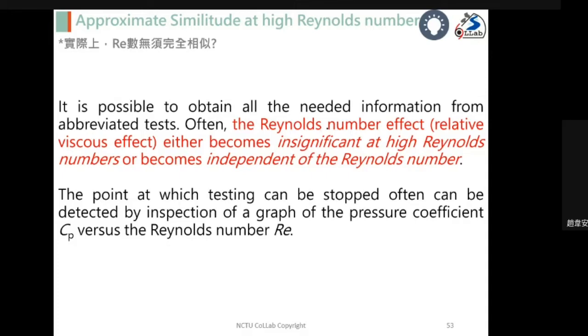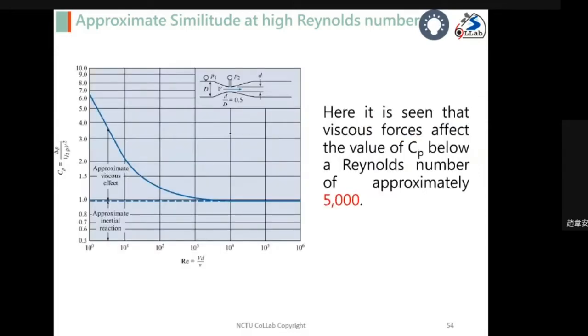Often the Reynolds number effect either becomes insignificant at high Reynolds numbers or becomes independent of the Reynolds number. I put a figure here to explain why we don't need to satisfy the Reynolds number in that way.